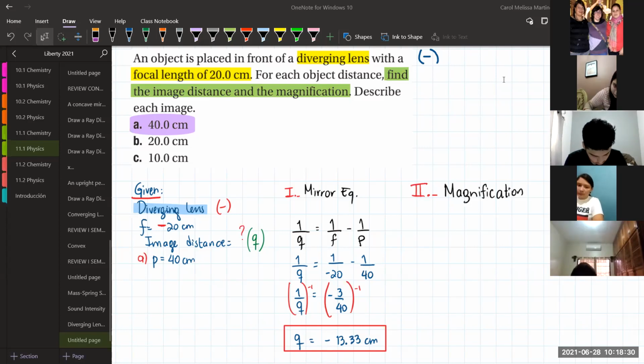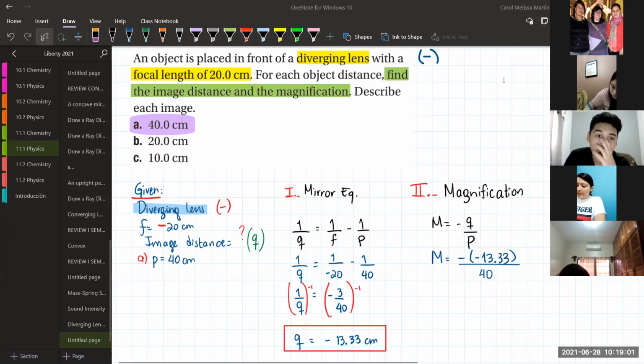So the magnification is equal to negative Q over P. Substitute the values that we obtained from the step before: negative 13.33. Take a look. This negative is from the formula, and the negative 13.33 comes from Q. Negative divided by P, which is 40 centimeters. The magnification is how much?